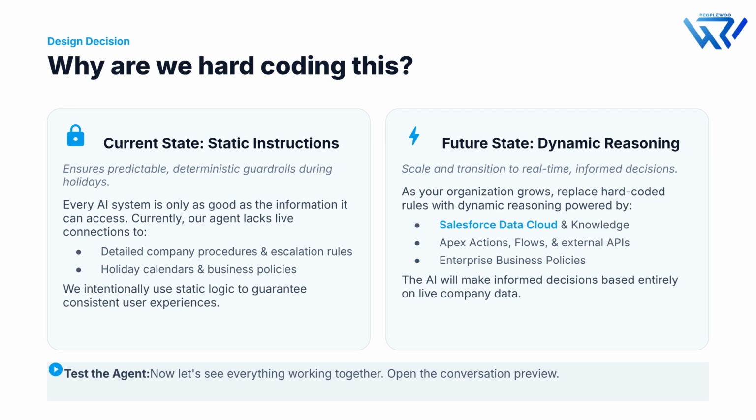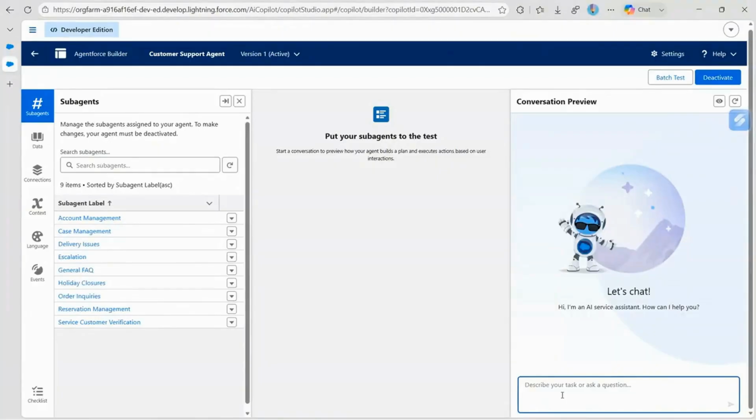Test the agent. Now let's see everything working together. Open the conversation preview. "Hey, I know you are closed for holiday today, but I have a shipment issue. Can you help?"